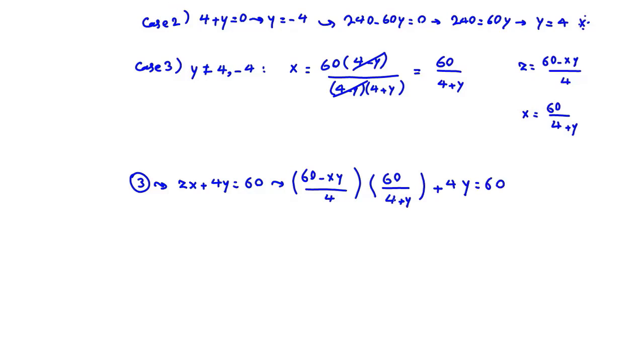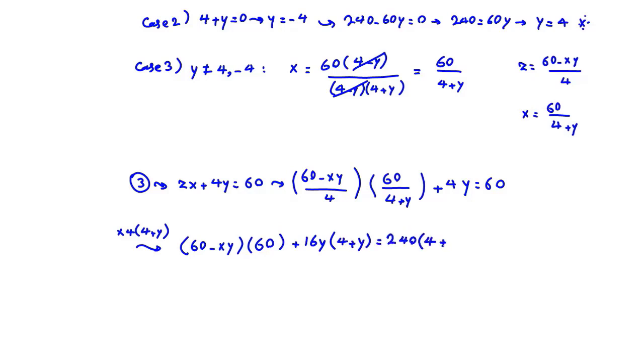Now, in this case, we multiply both sides by 4 times (4 plus y). So it will be (60 minus xy) times 60, plus 4 times 4 is 16, y times (4 plus y), equal to 240 times (4 plus y).